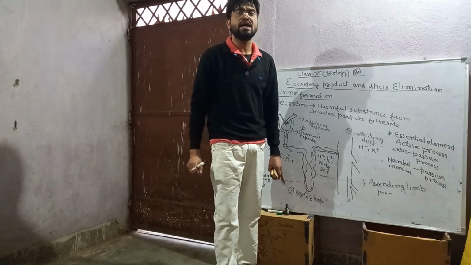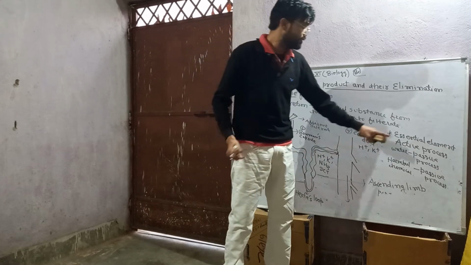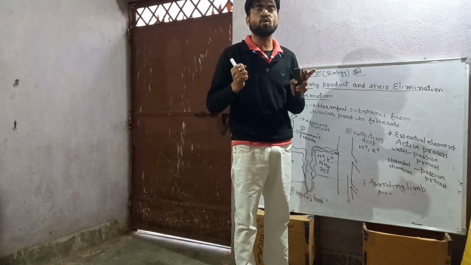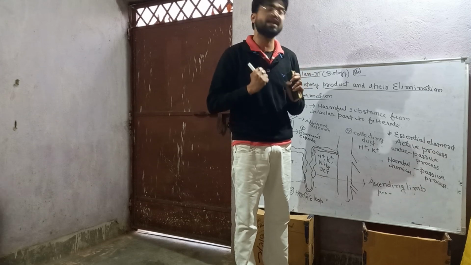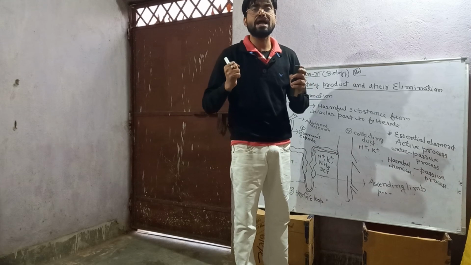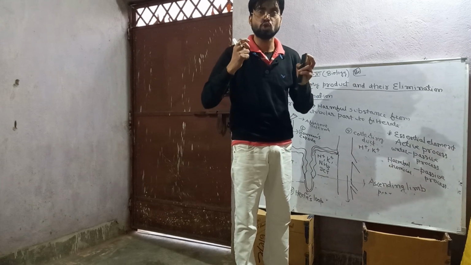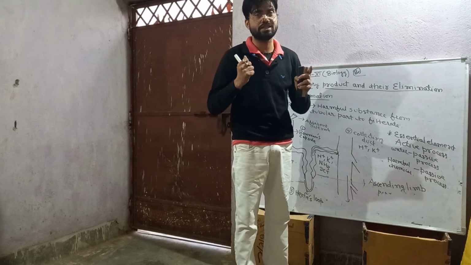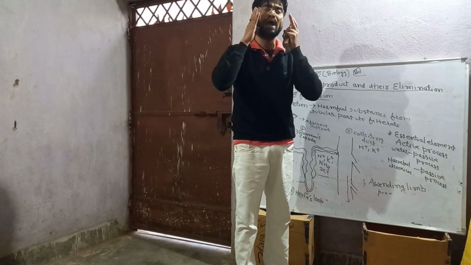Again, I am revising: the essential elements are absorbed by the active process, that is by using energy. Second, the only exception is water. Water is absorbed by the passive process, meaning no expenditure of energy. Plus, harmful chemicals are secreted also by the passive process.